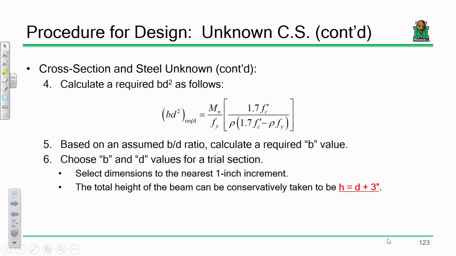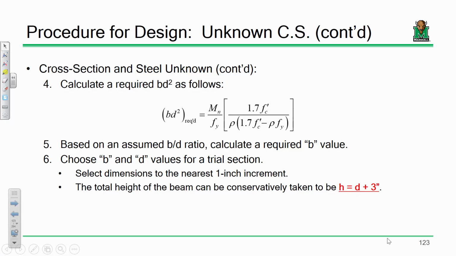Based on that, I can determine with bd squared what the required size of the beam needs to be, and so I'll choose b and d values for a trial section. One of the things about concrete beam design: I am not going to design a beam that is 14.38639 inches wide.